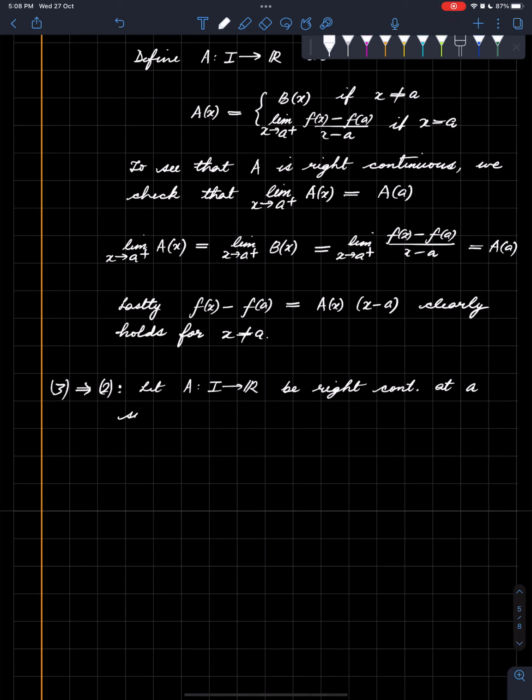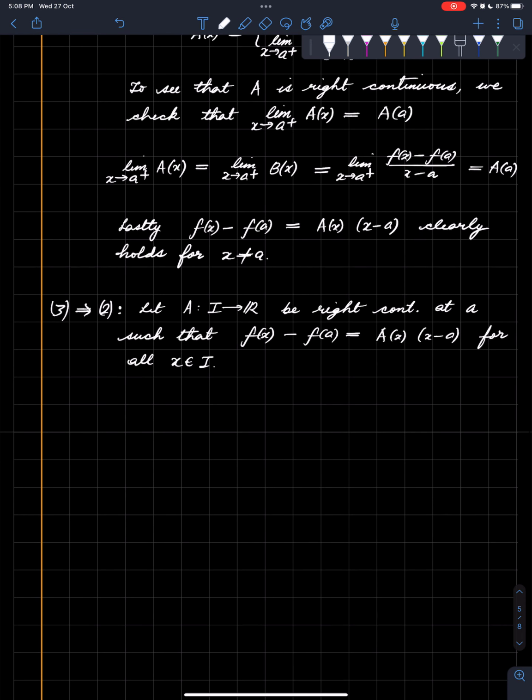Such that f(x) minus f(a) is equal to a(x) times (x minus a) for all x. Okay, but then this limit is clearly equal to this limit, which exists because a(x) is right continuous at a.